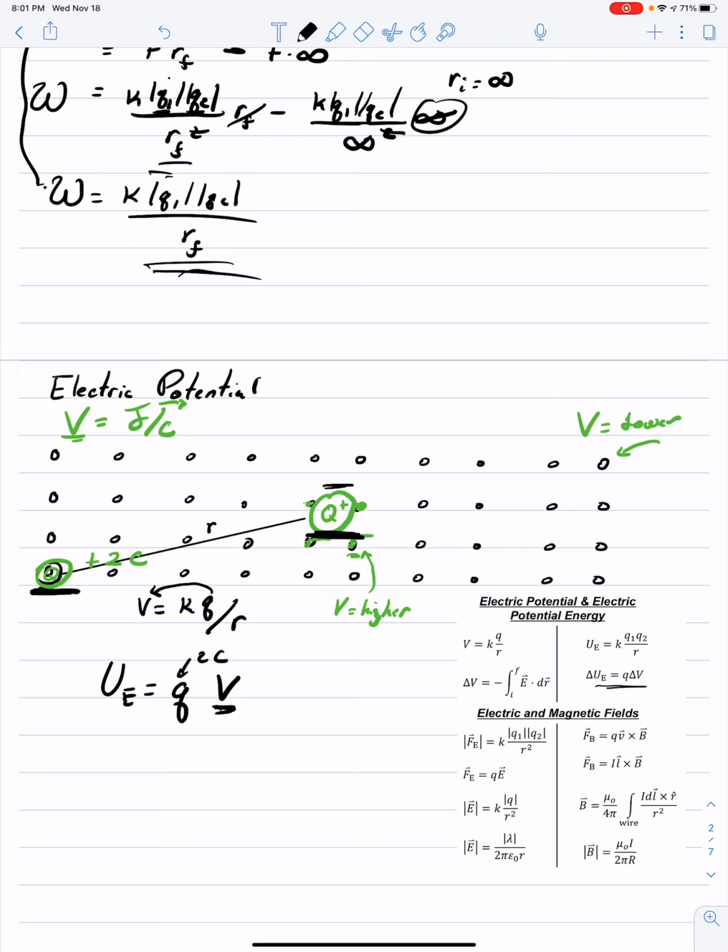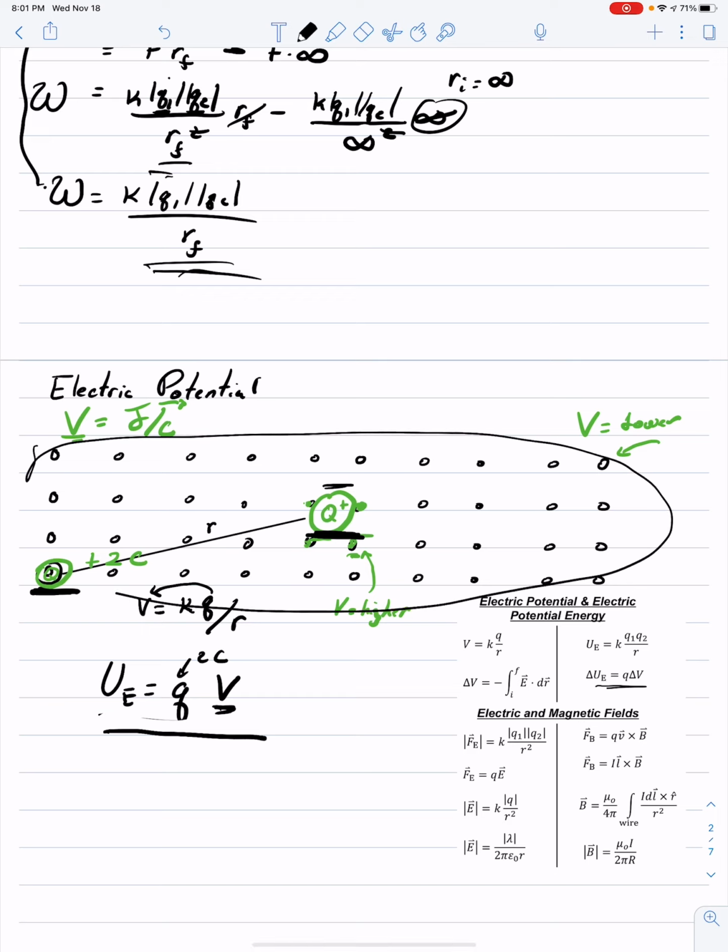And that's how you find the electric potential energy, how we understand how much energy we have in any spot within this space that I created right here.